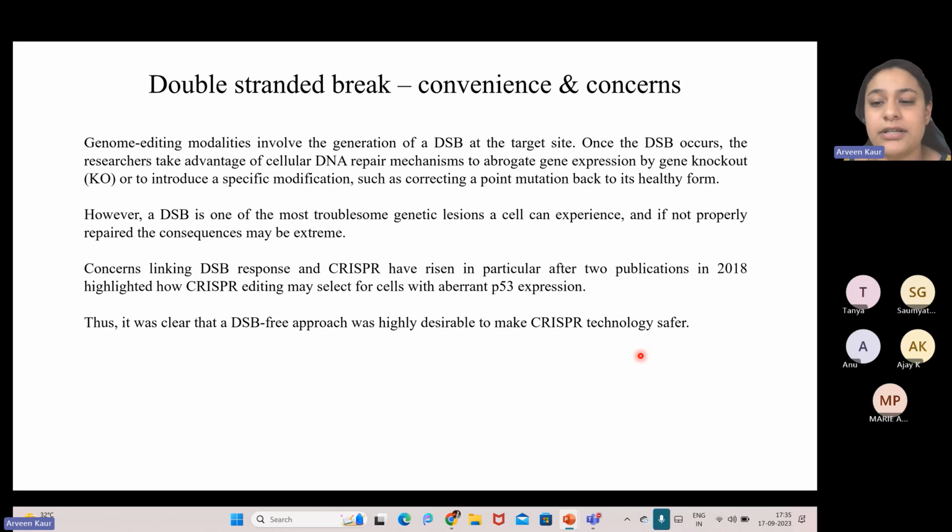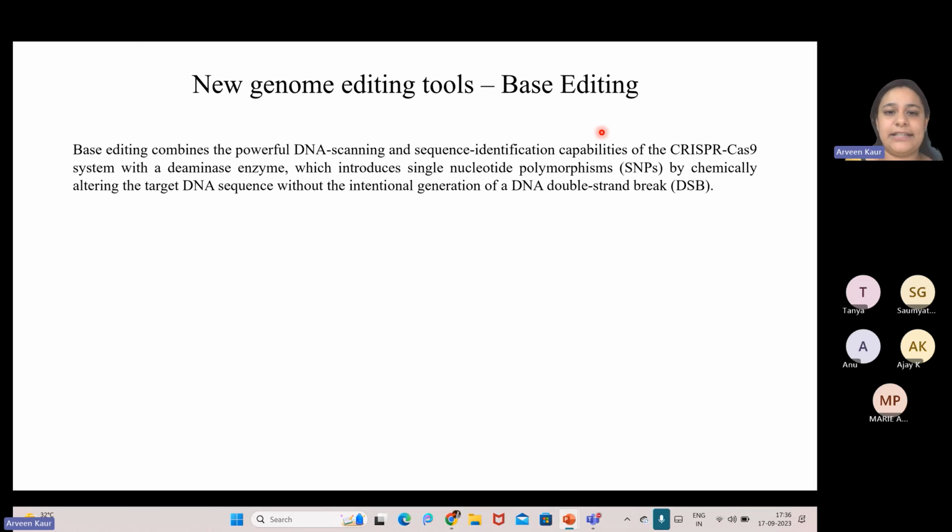To make CRISPR technology further safer, researchers started to develop newer technologies wherein the double-stranded break did not have to be made in the first place, right? The first technique I mentioned is base editing.